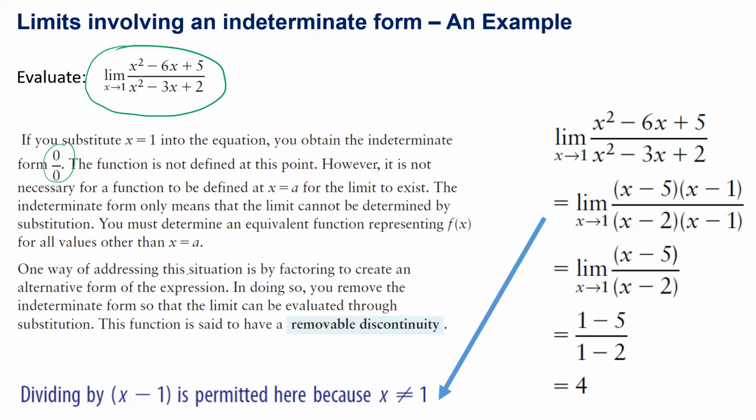One way of addressing this situation is by factoring to create an alternative form of the expression. In doing so, we are removing the indeterminate form so that the limit can be evaluated through substitution. This function is said to have a removable discontinuity.